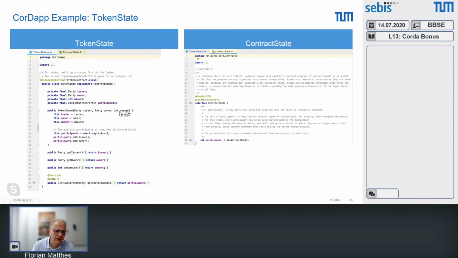So it's a constructor which initializes the private fields, which have the same names, issuer, owner, and amount, with the respective fields, and then initializes the participants field, which is required here, with an empty array, which is then augmented by the issuer and the owner. These are the two participants of this flow.